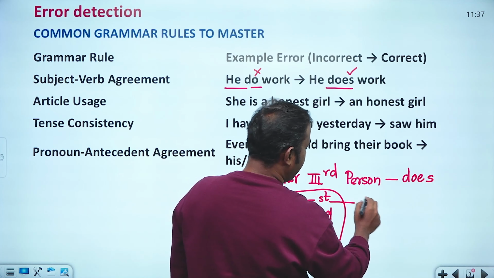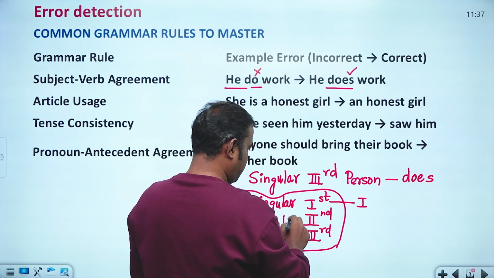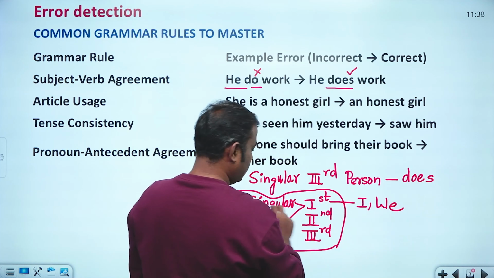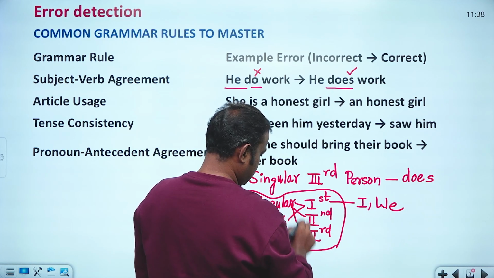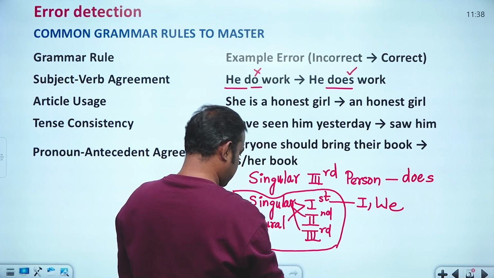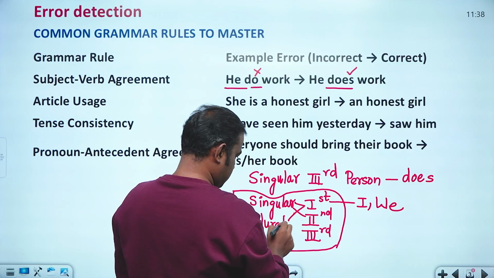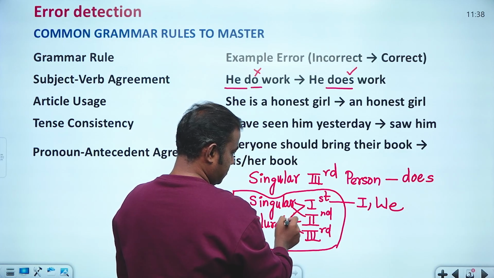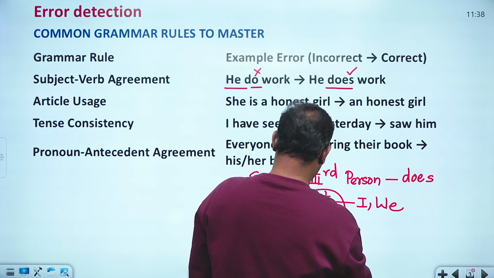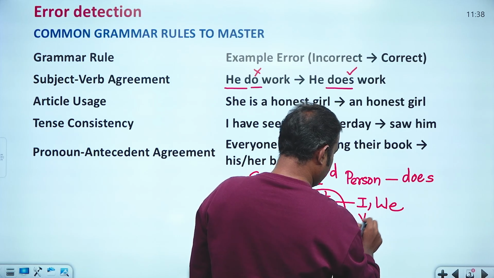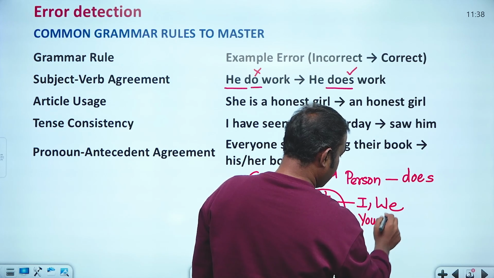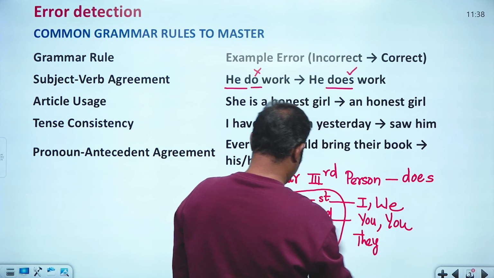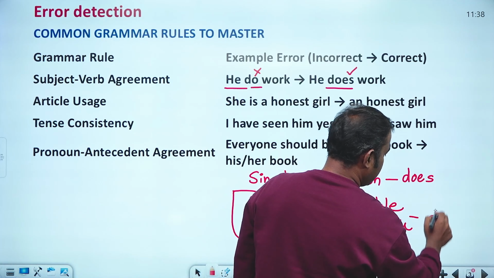Singular first person is I. Plural first person is we. Singular second person, you. Plural third person, they. Only for singular third person will it not come. So for all these, the verb carries do.